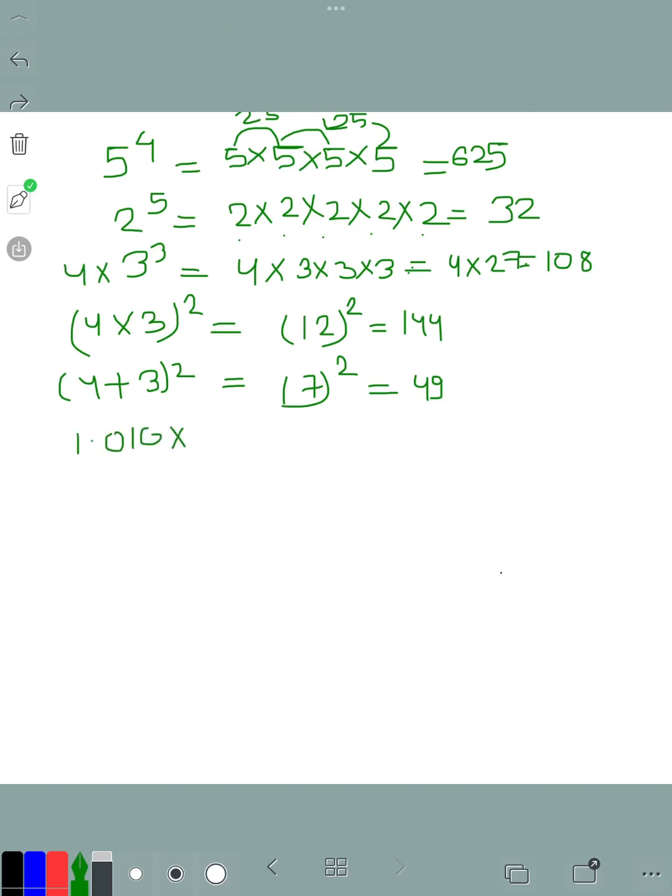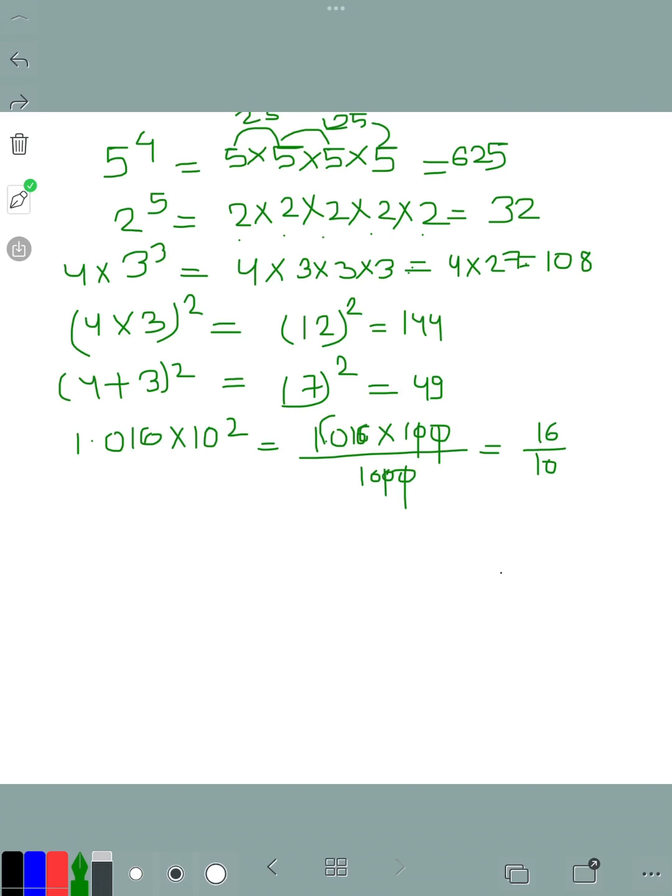Now 1.016 into 10 square, what? Now we'll write it as the same, 1.016 into 100. 10 whole square is equal to 100. Now when we remove the decimal, the 1000 comes as a denominator. 2 zeros would be cancelled, and we get 1016 upon 10.